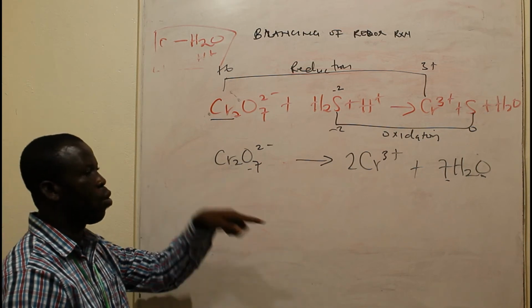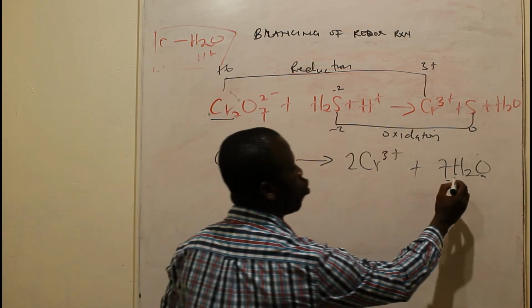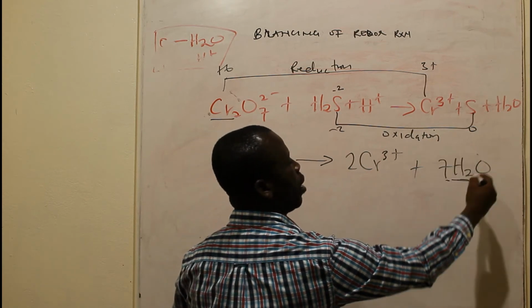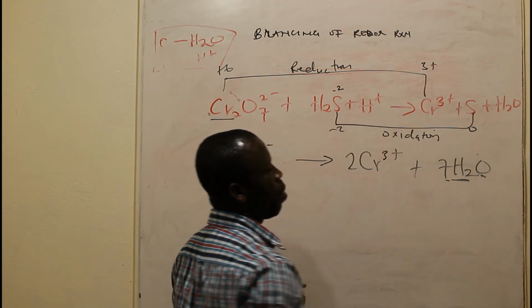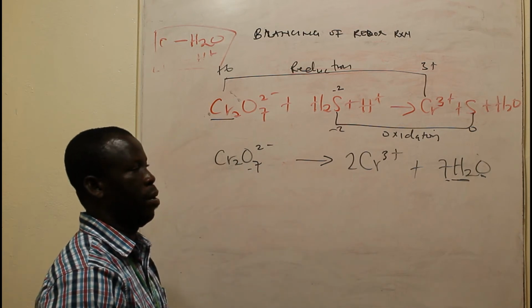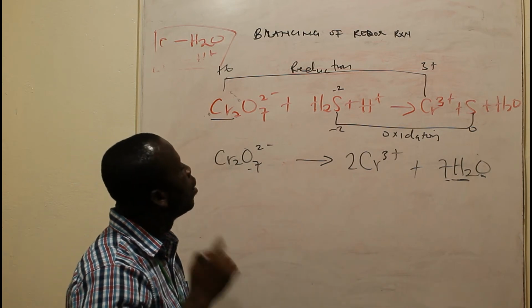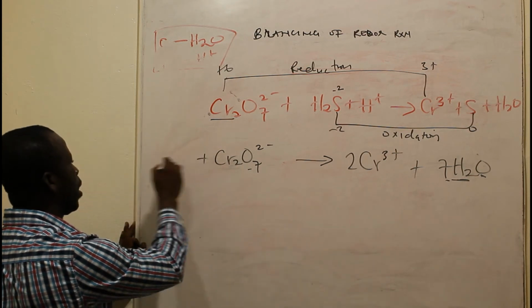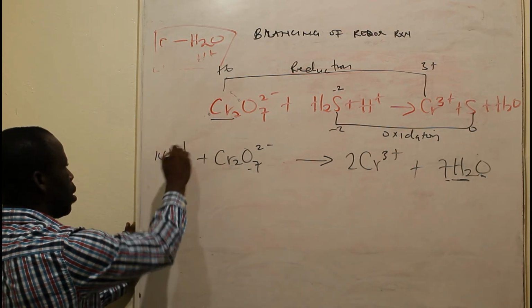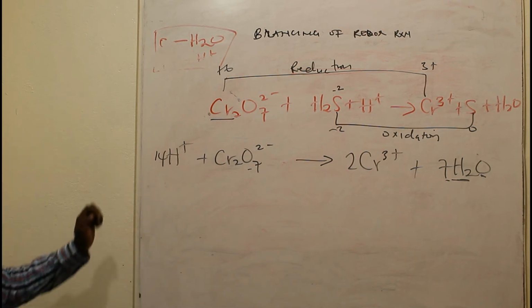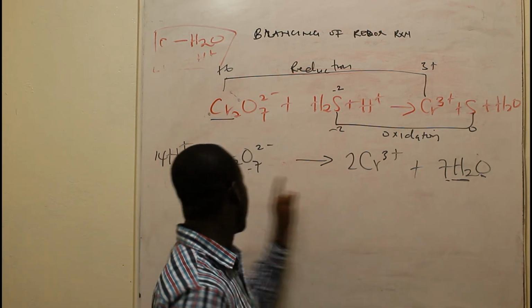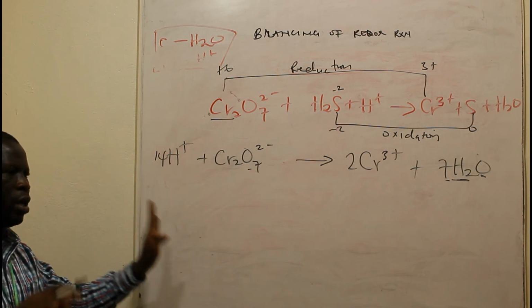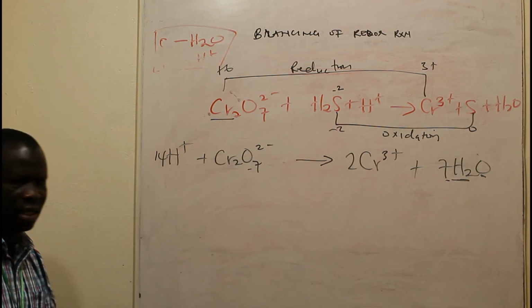Now let's look at the hydrogen, because when we added water, we introduced hydrogen. We have added 14 atoms of hydrogen into the whole reaction. Therefore, we add 14 H+, because we are balancing hydrogen with H+. Having finished with the balancing of oxygen and hydrogen, we balance charges.